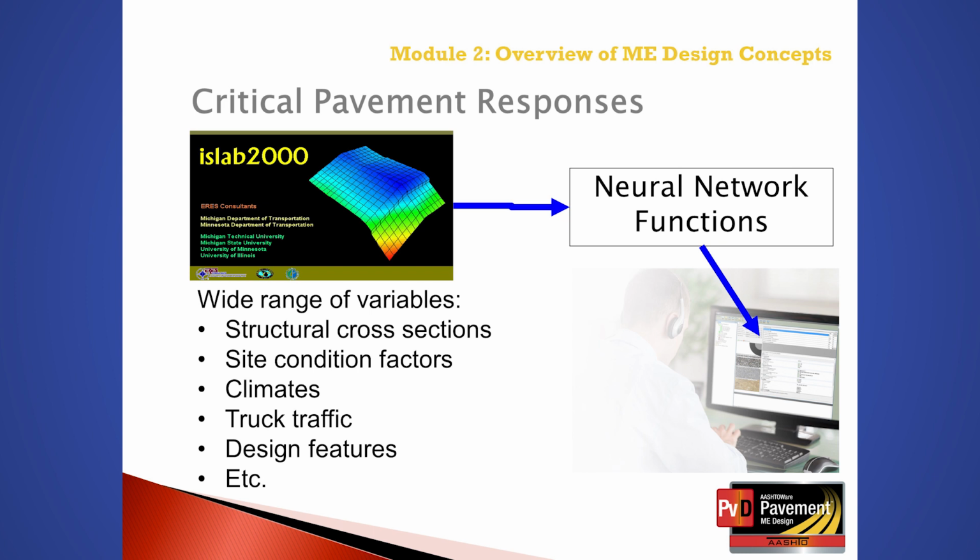The results from iSlab 2000 were used to generate the neural networks embedded in the Pavement ME software. The neural networks included in the PMED software are used to predict the critical pavement responses for the rigid pavement fundamental material laws and transfer functions.